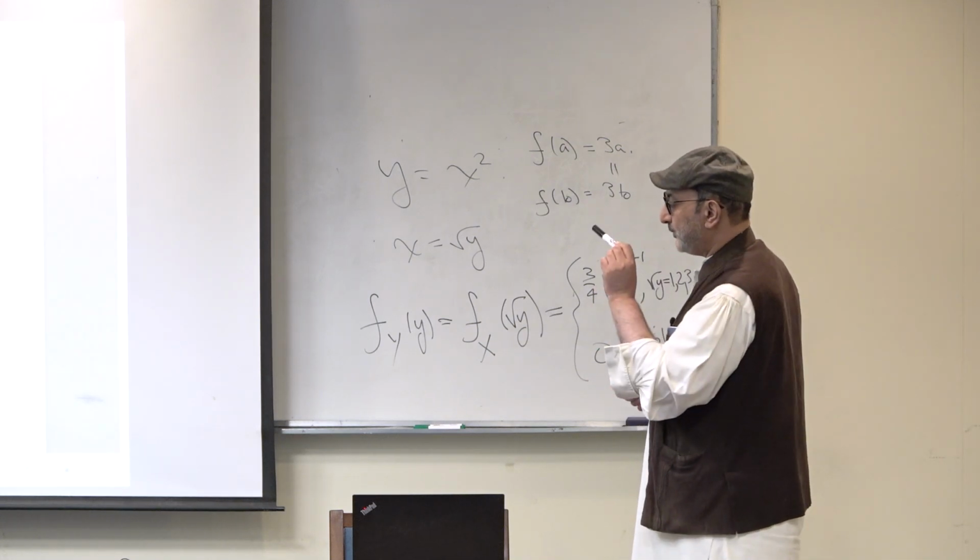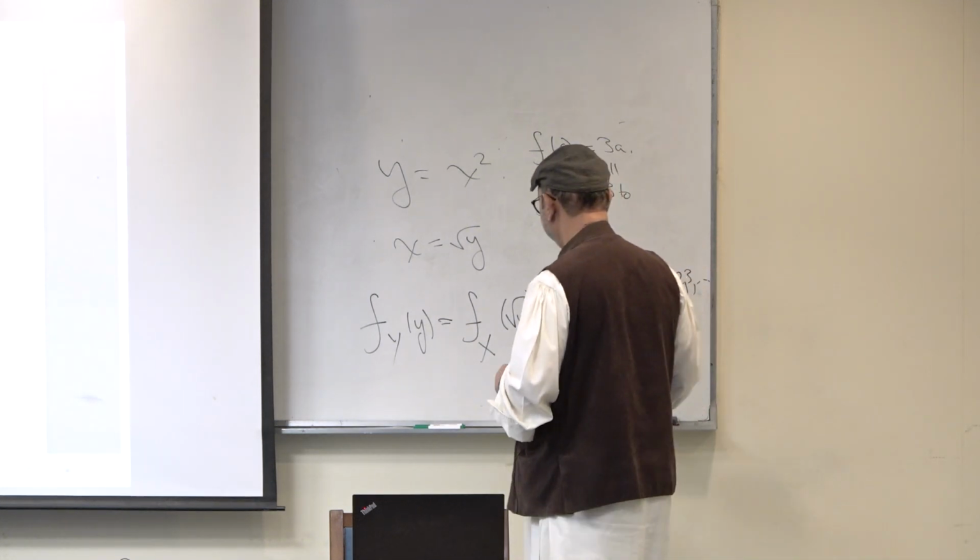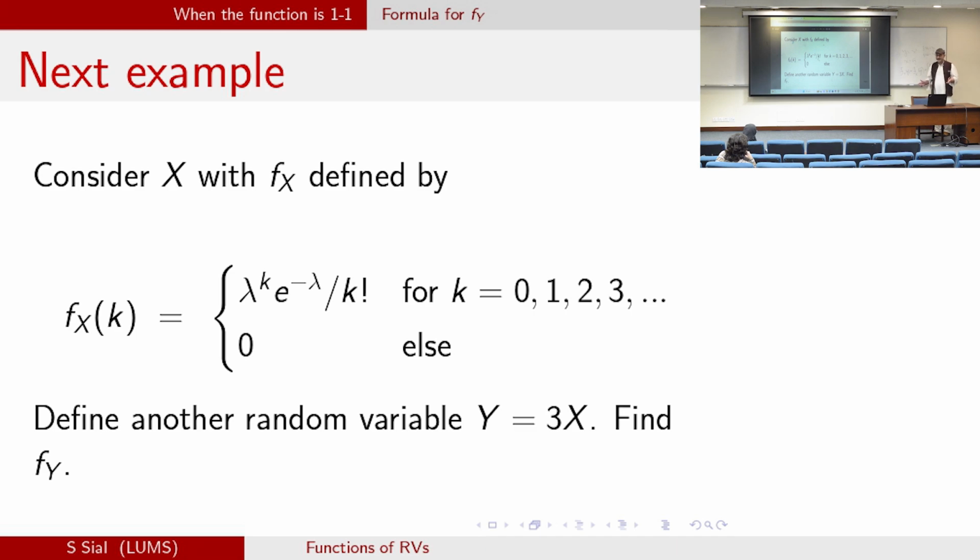So that's a one-to-one transformation. Oh, good. Now I can use my formula. Okay, what's the inverse transformation? If y equals 3x, then x is equal to 1/3 y.